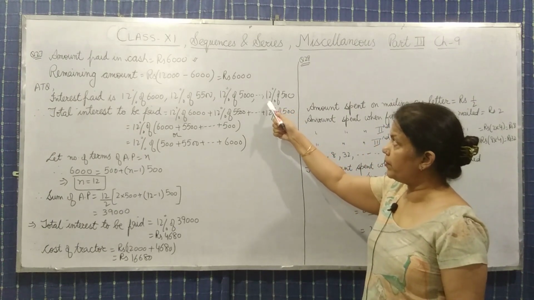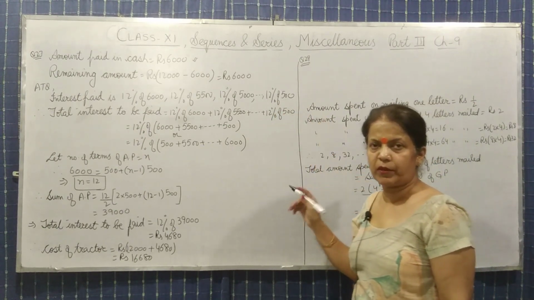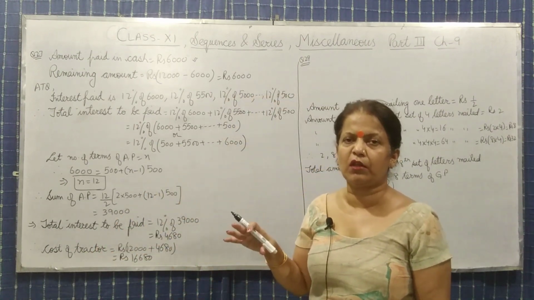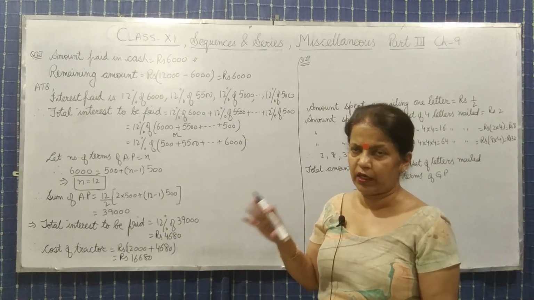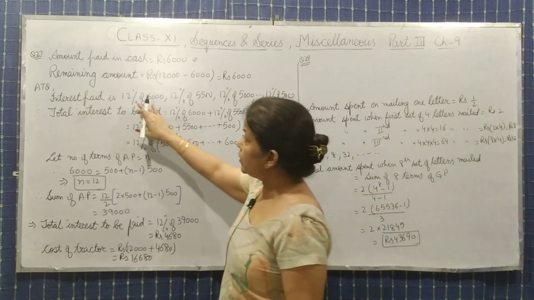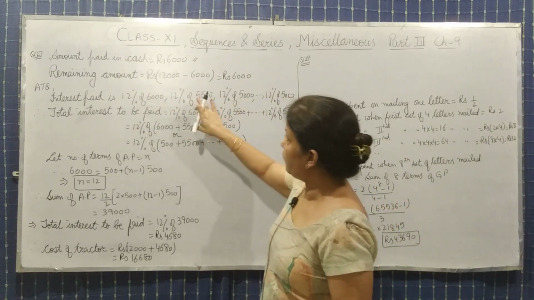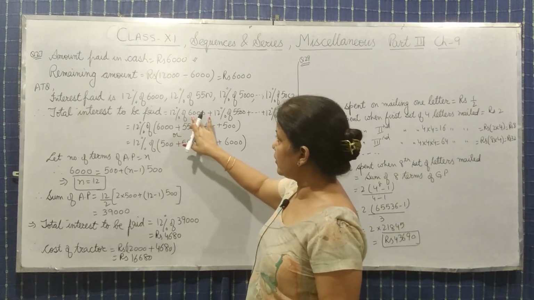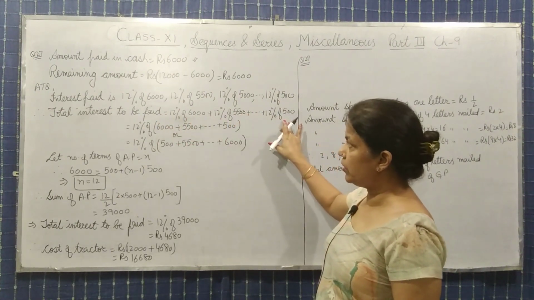The last will be 12% of 500 rupees. On the 500 rupees that remains at the end, he is also giving 12% interest. So the total interest will be the sum of all these, isn't it?